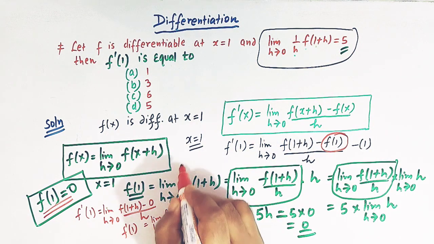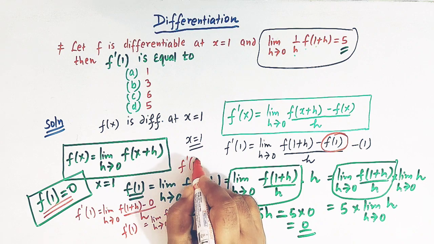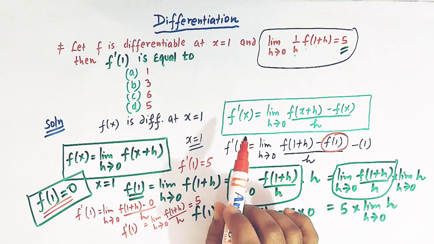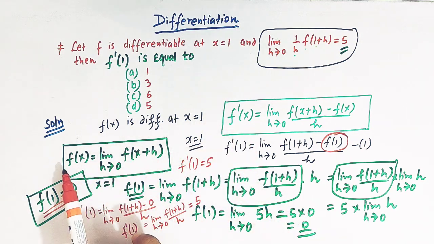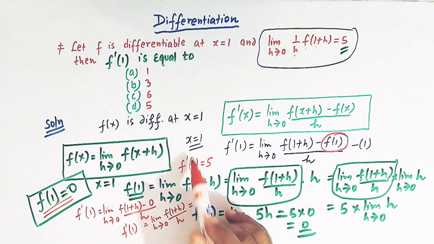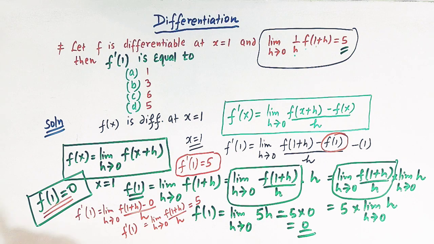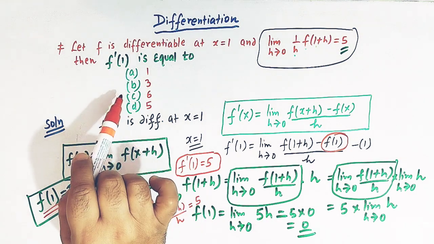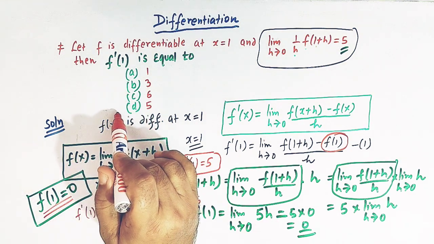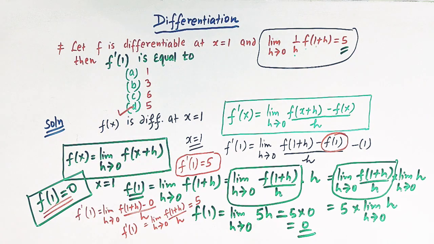So f prime of 1, that is the derivative of the function f of x at x is equal to 1, is equal to 5. Now if we look at these options, the correct one is option D. So viewers, this is how we can solve these type of problems.